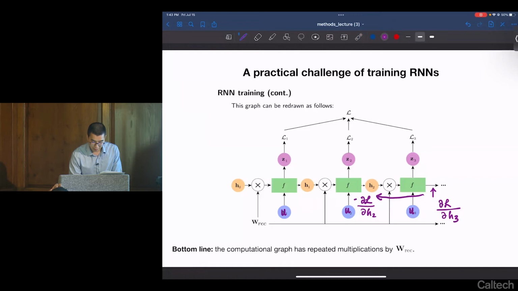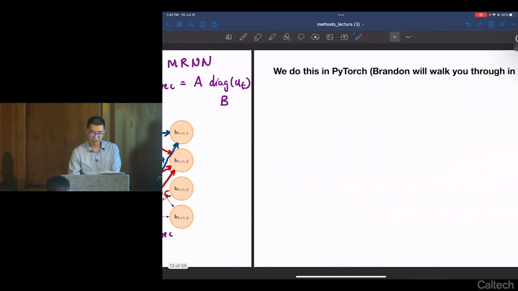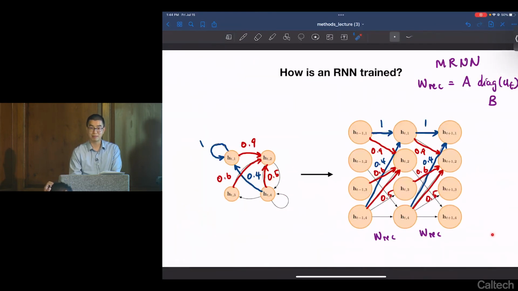Now if I backpropagate again to get dL/dH1, when I backpropagate through this multiplication, again, I have to multiply the gradient by what's on the other wire. And again, this wire is just W recurrent. In fact, it's W recurrent at every single time step.